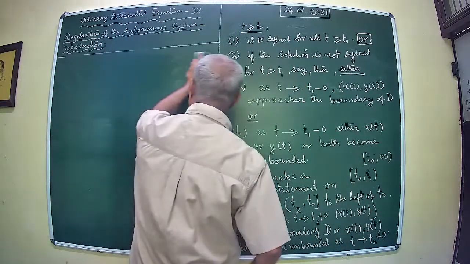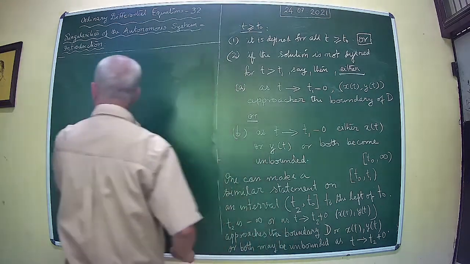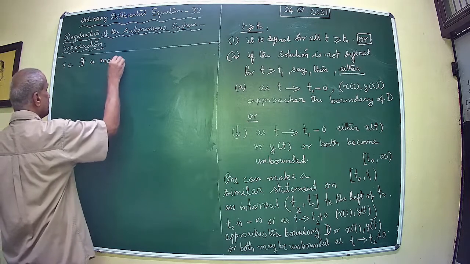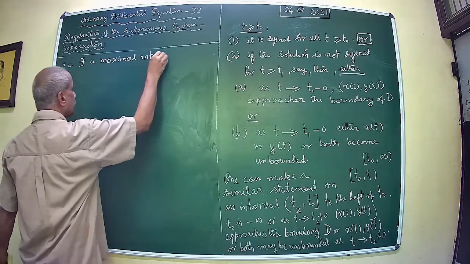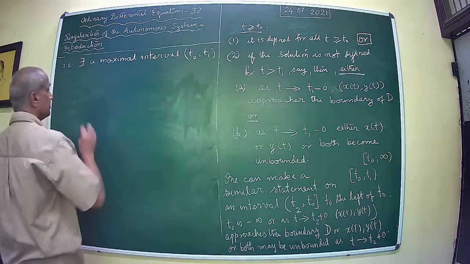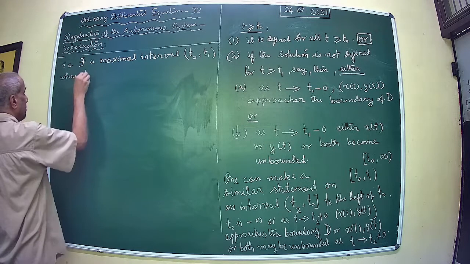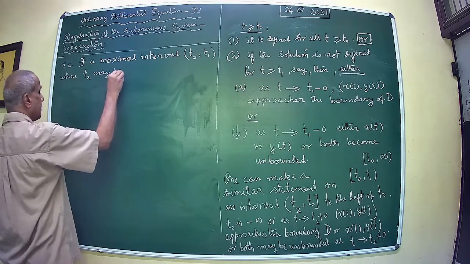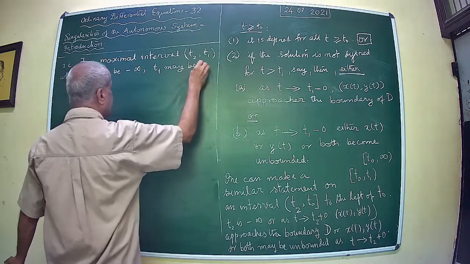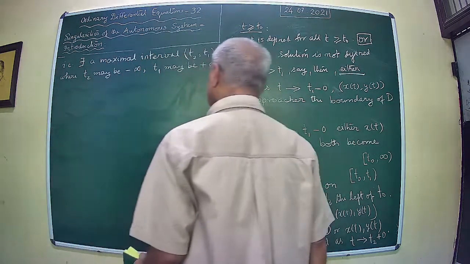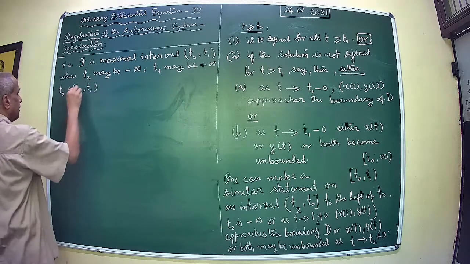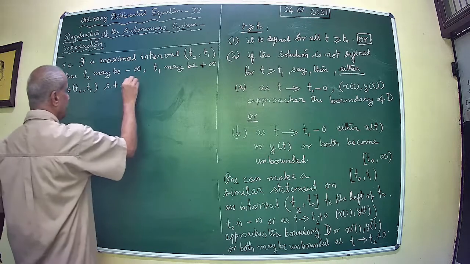So this means the following: where t2 may be minus infinity, t1 may be plus infinity, and t0 belongs to (t2, t1) such that the unique solution exists.